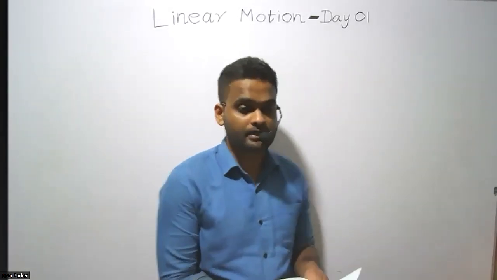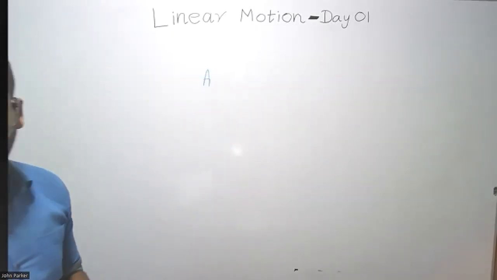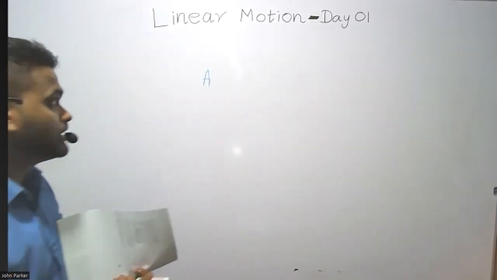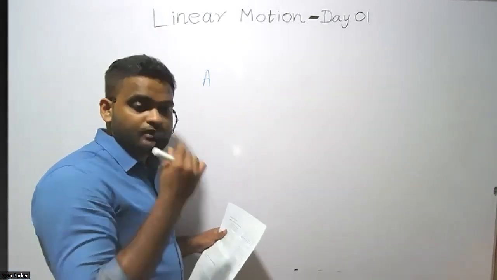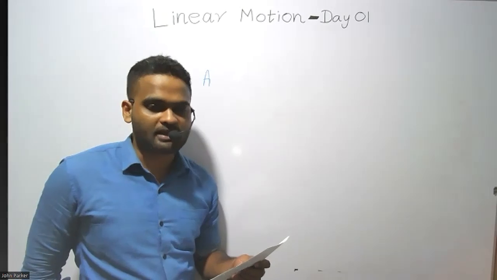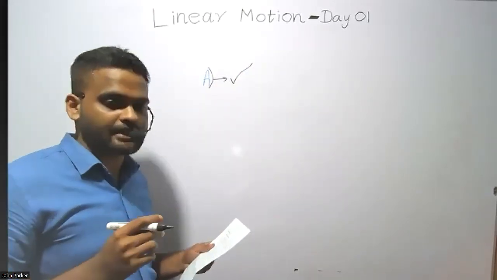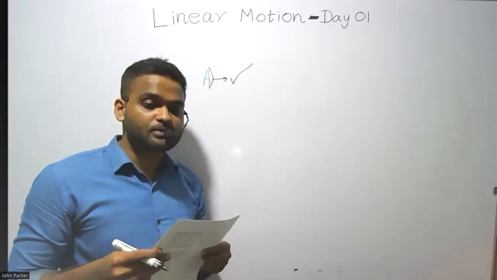It is true, right? Why? Distance cannot be negative because it doesn't have a direction. It only has a magnitude. So A is correct. Distance cannot be negative, but displacement can be negative.